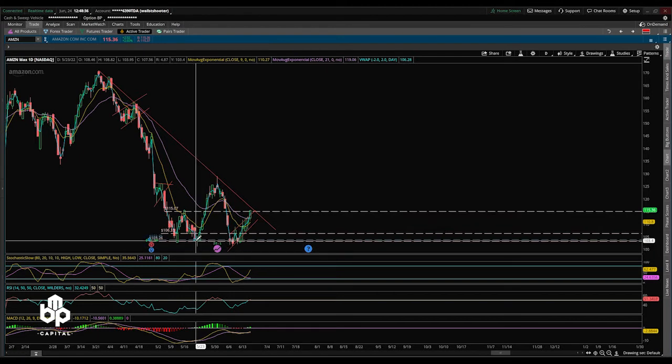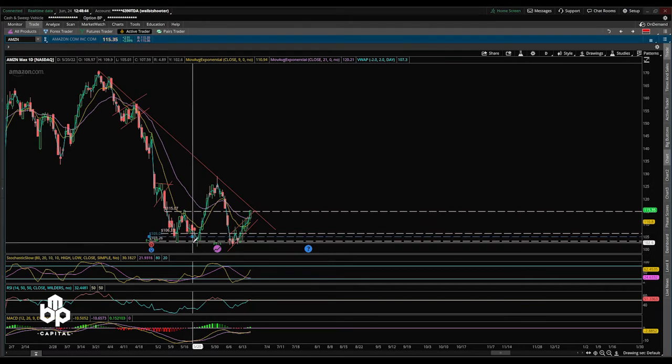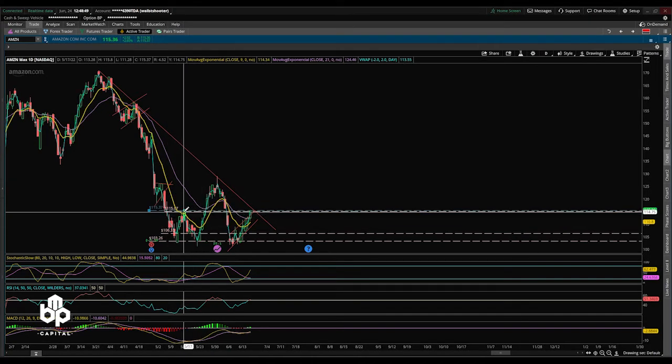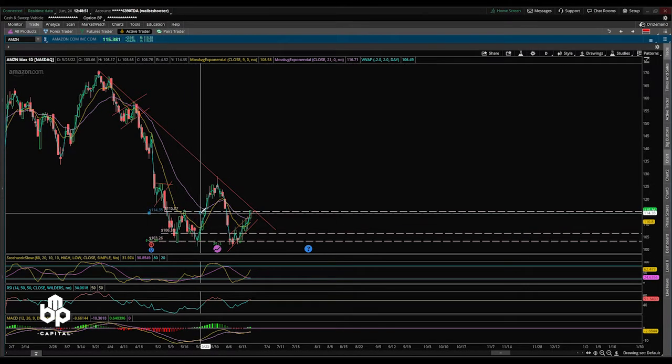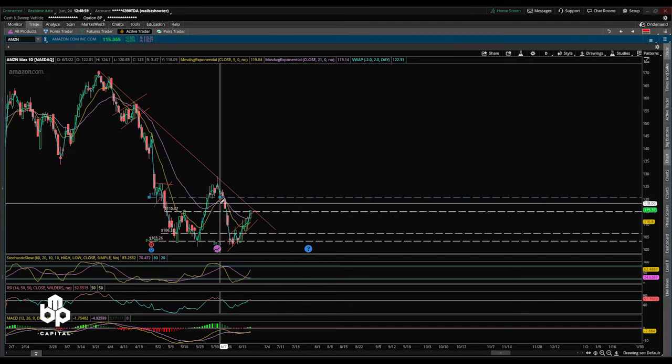What makes this a double bottom? And this is very important before you get into any type of call plays on a double bottom. You see this neckline at 115, right? When you get into a double bottom pattern play, you want to make sure that neckline is broken. That's your confirmation to jump into a call.